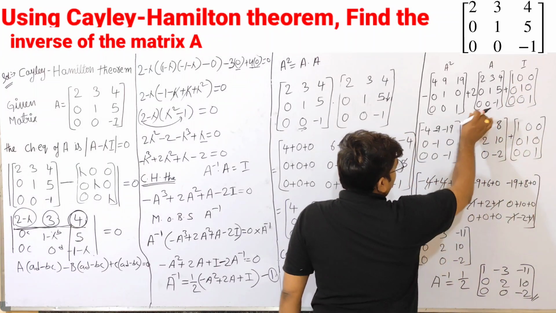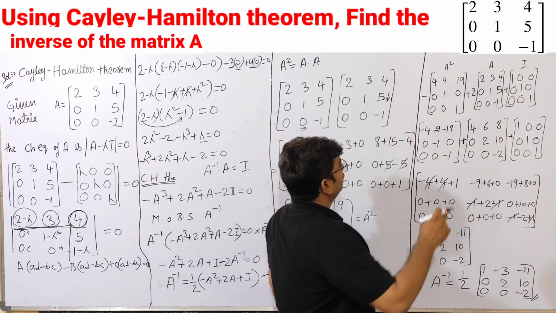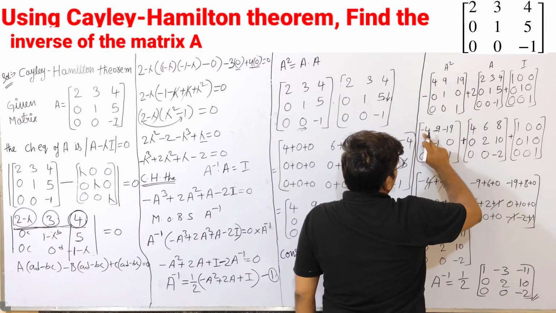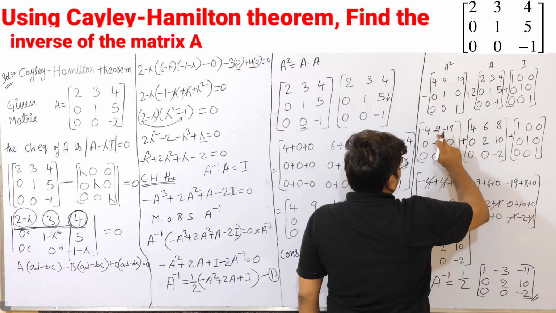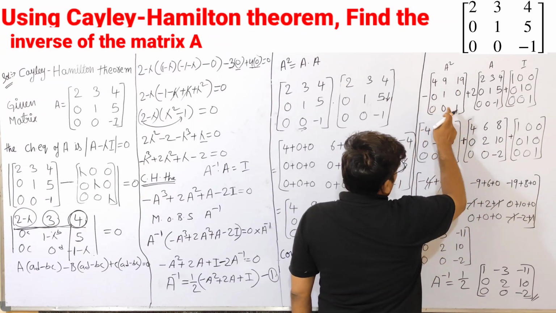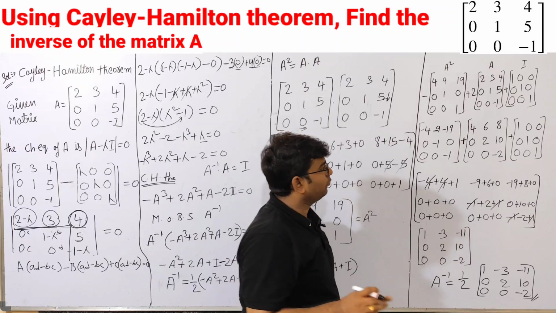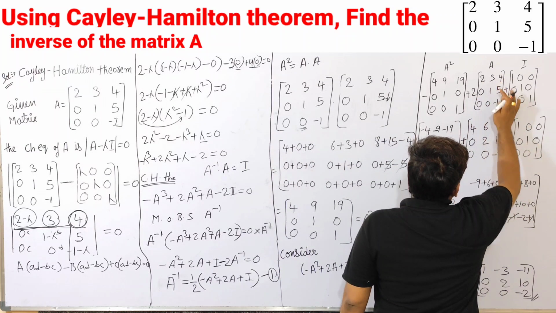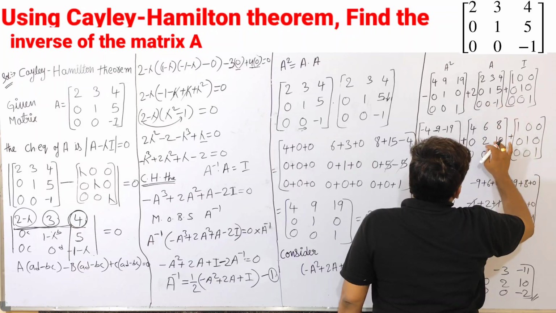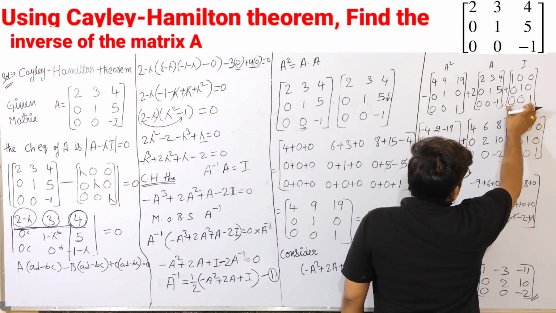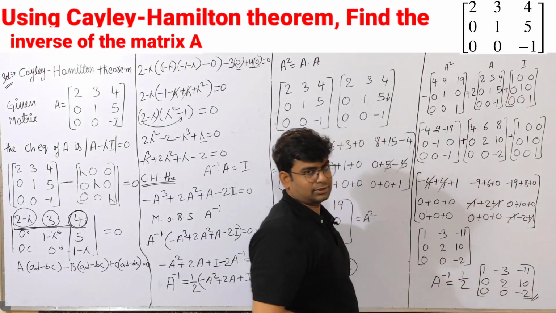Now add this. Before adding that, minus I have to take to this matrix. Minus 4, minus 4, minus 9, minus 9, minus 19, minus 1, minus 1. Here multiply the 2: 2 2s are 4, 2 3s are 6, 2 4s are 8, 2 1s are 2, 2 5s are 10, 2 1s are 2. And this I was taken the same as it is.